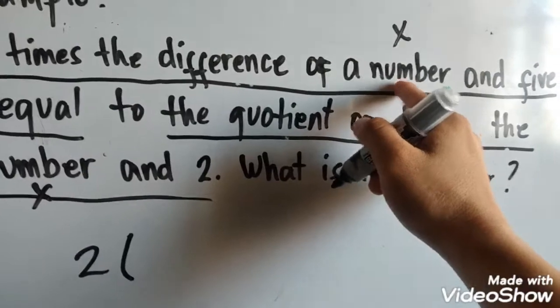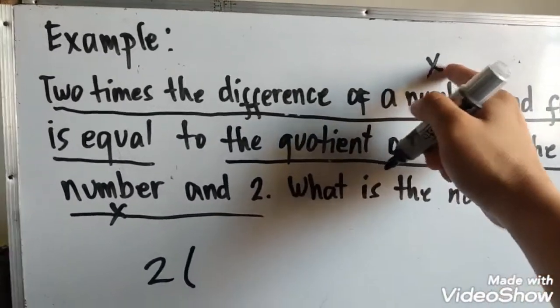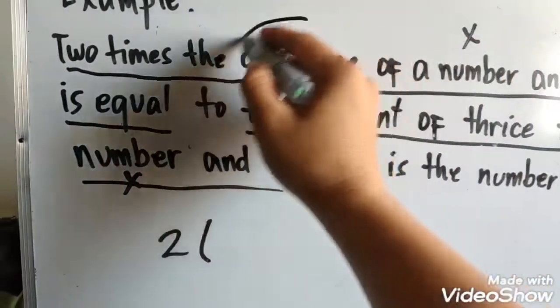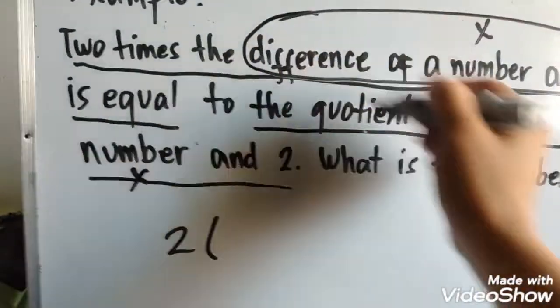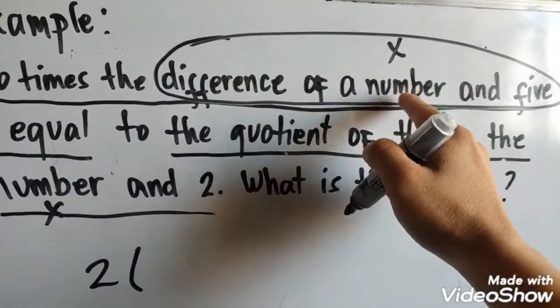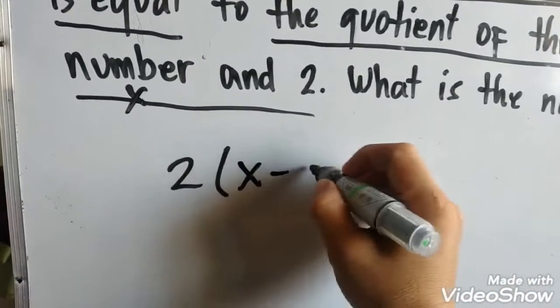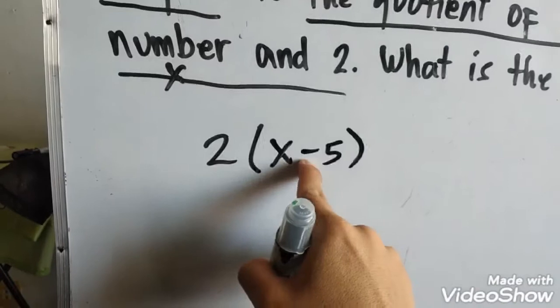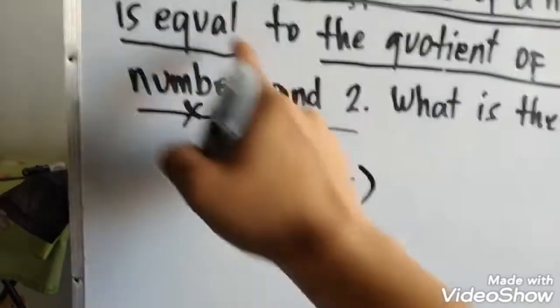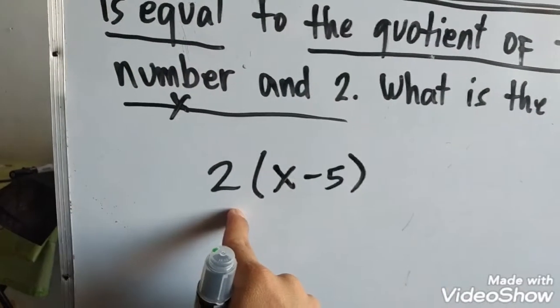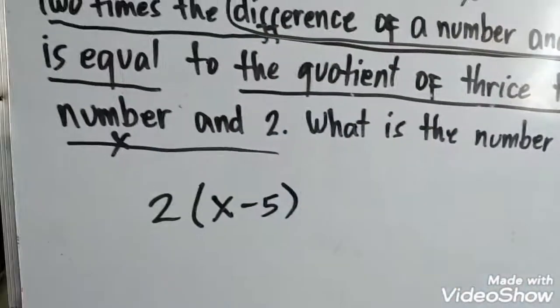We are going to represent a number as a variable x. So the difference of a number and 5 is x minus 5. And we are going to multiply it by 2. So we are done with the first clue.